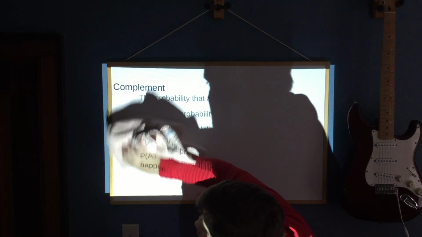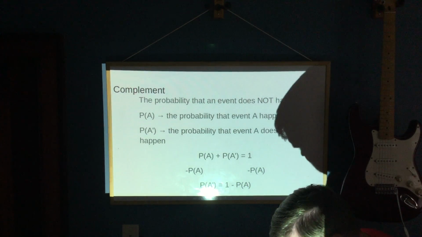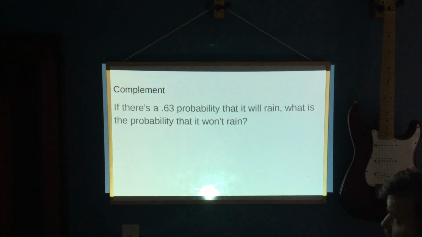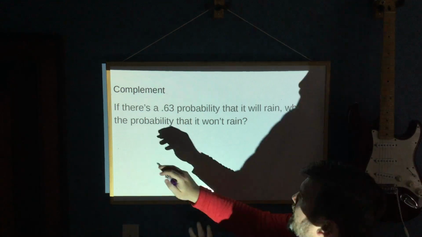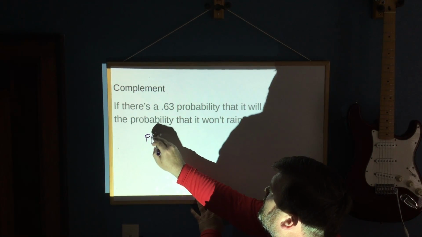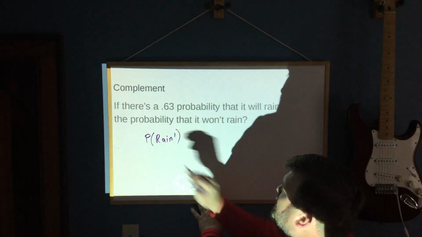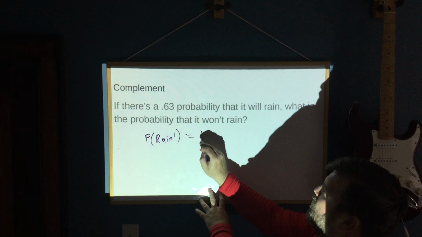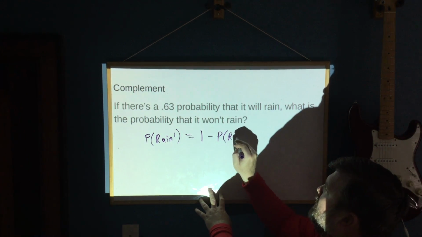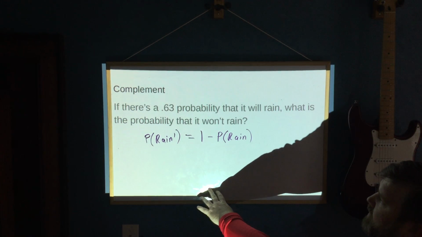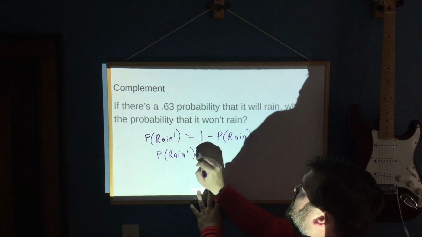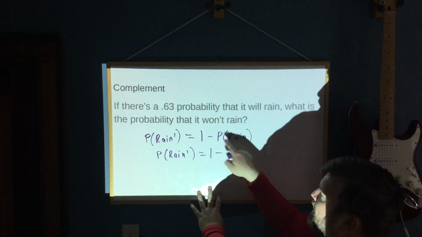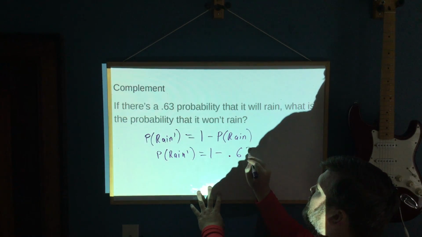So let's look at a couple of examples. It says there's a 0.63 probability that it will rain. What's the probability it won't rain? We want to find the probability of it not raining, which is the complement of rain, and that should be equal to 1 minus the probability that it will rain, which is 0.63.